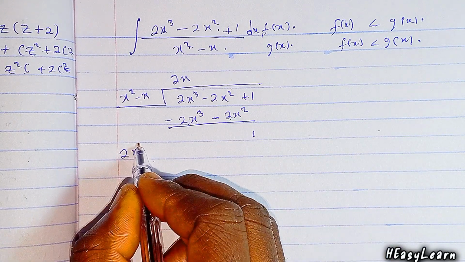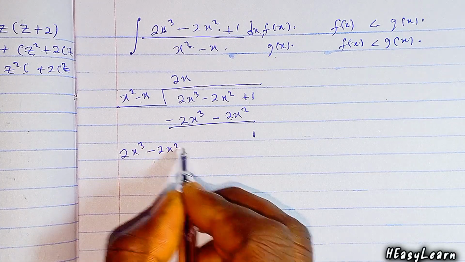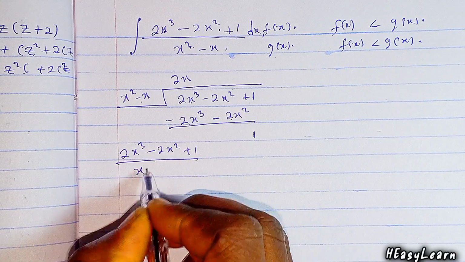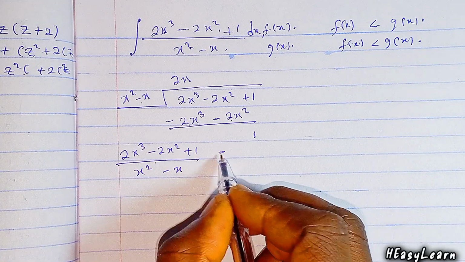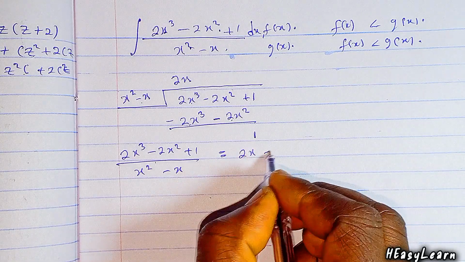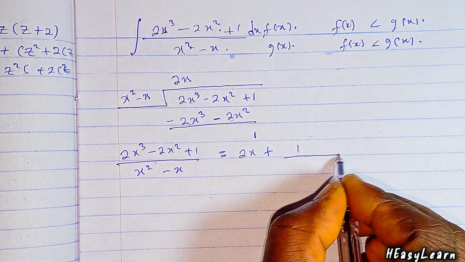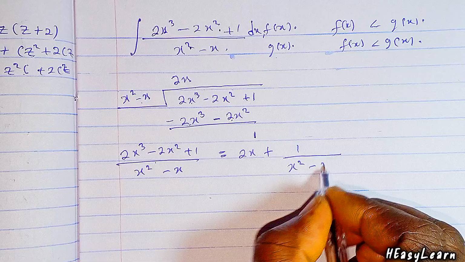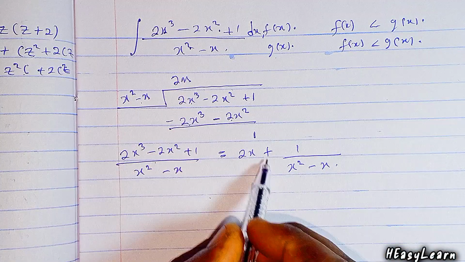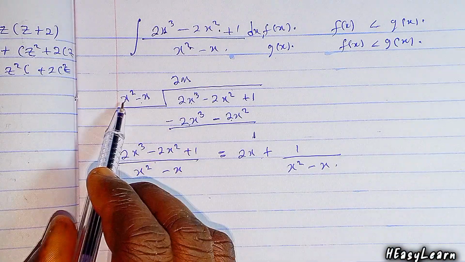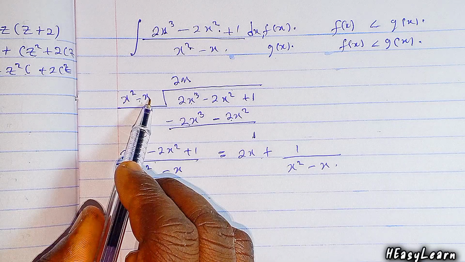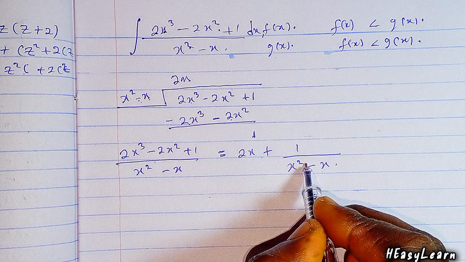So 2x to the power of 3 minus 2x squared plus 1 divided by x squared minus x is the same thing as 2x plus 1 over x squared minus x. Again, what is this fraction?